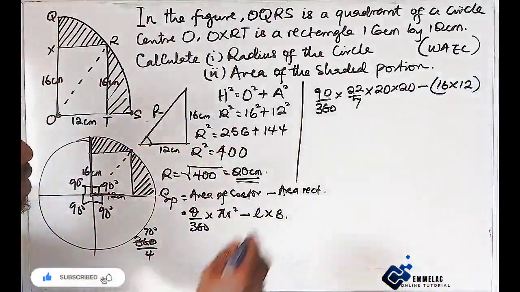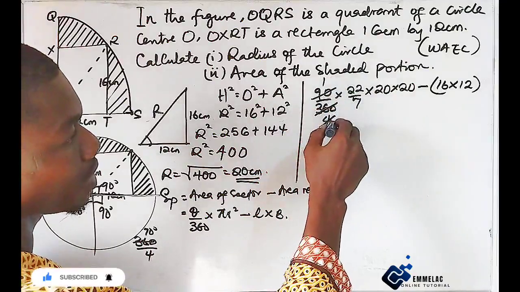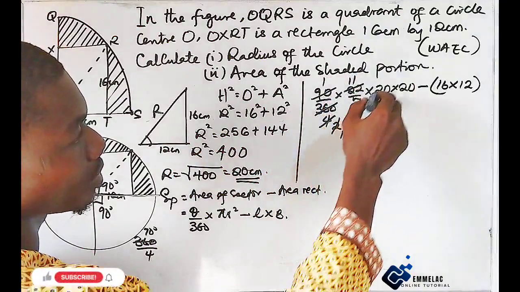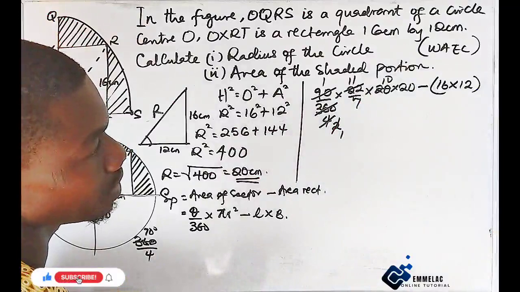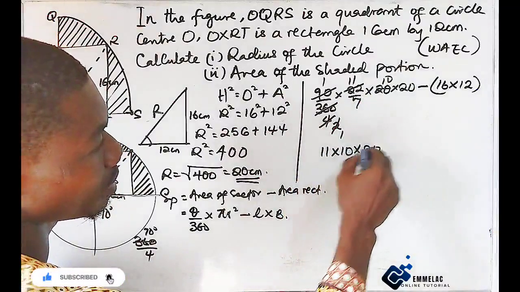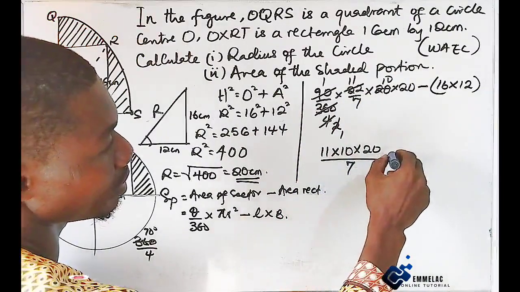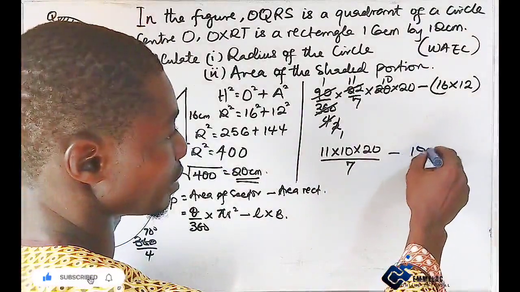So 90 here 1, 90 here 4. Simplifying, we are left with 11 times 10 times 20 all over 7, then minus 16 times 12, which should give us 192.